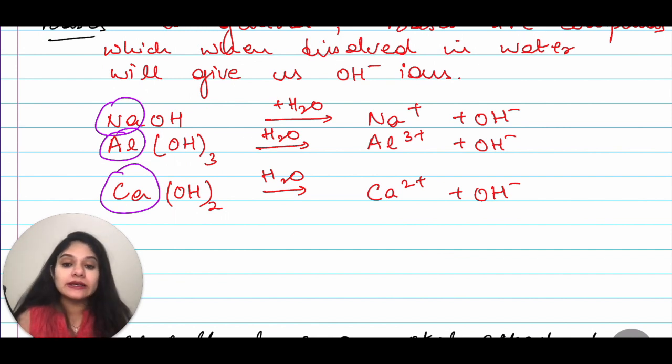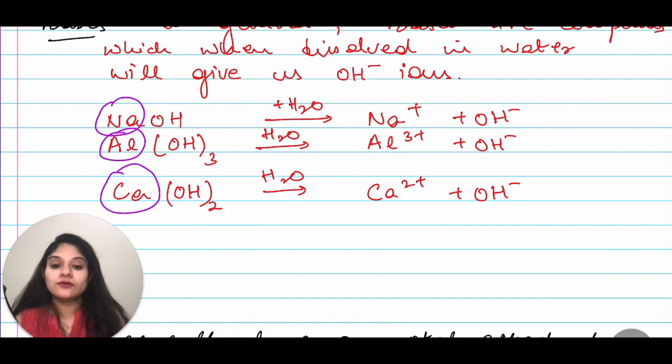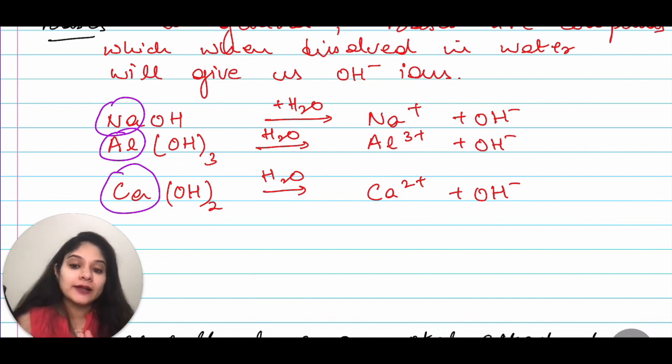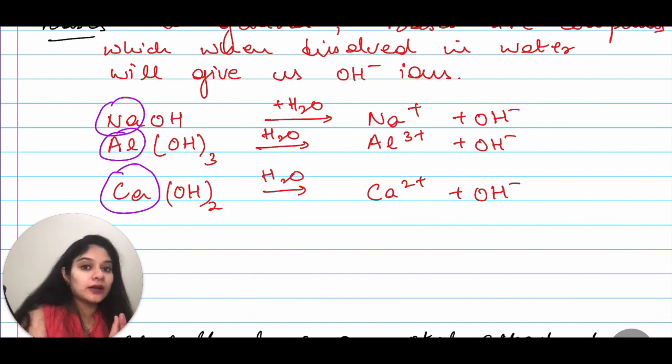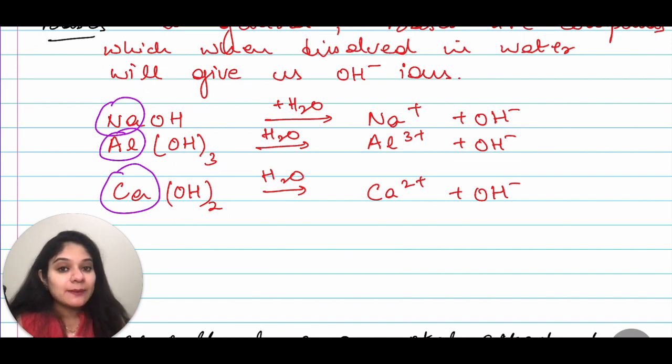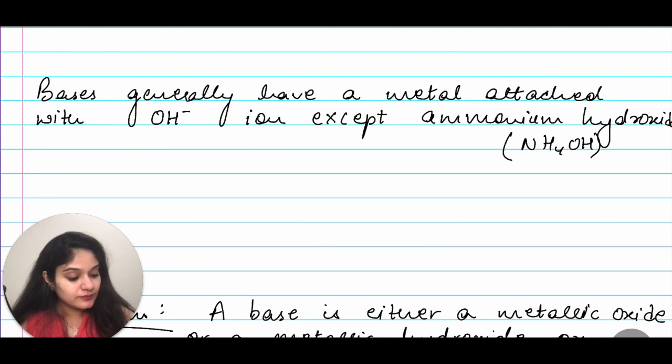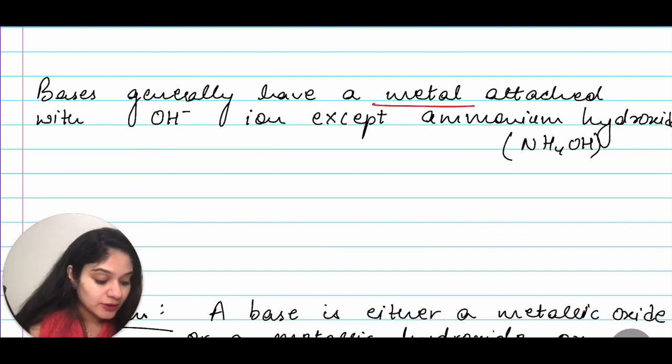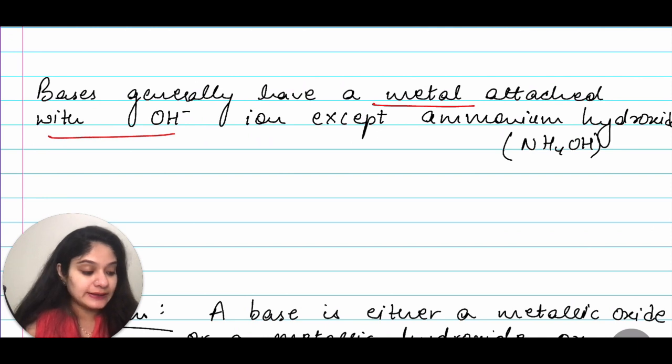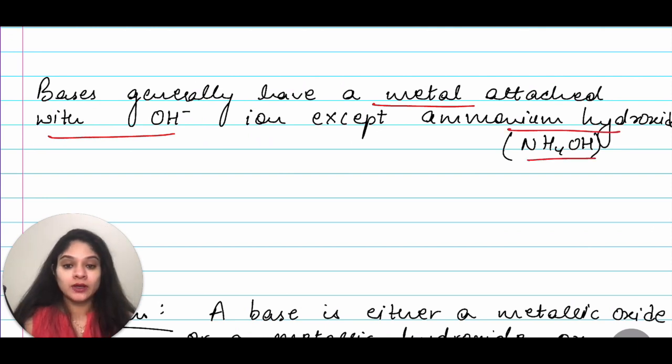The exceptional case is ammonium hydroxide. So in general, we always have a metal attached with the OH negative ion in a base, except ammonium hydroxide.